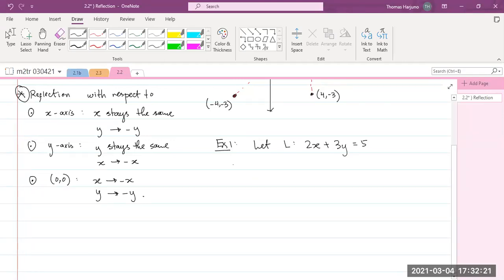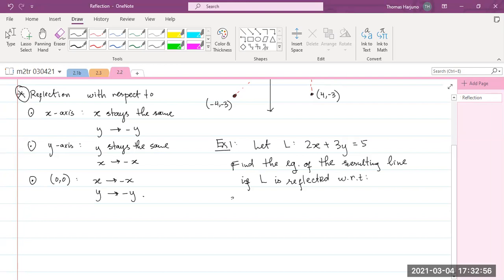Okay, find, basically find the equation of the resulting line if line L is reflected: part A, with respect to the x-axis; part B, with respect to the y-axis; part C, with respect to the origin.